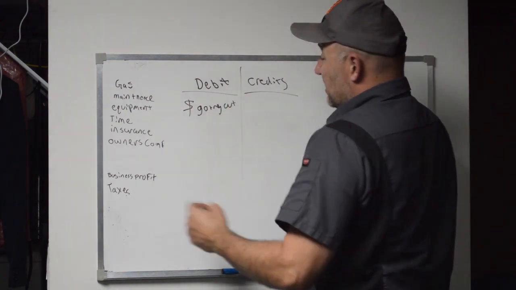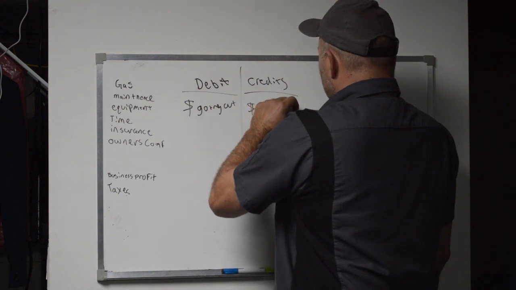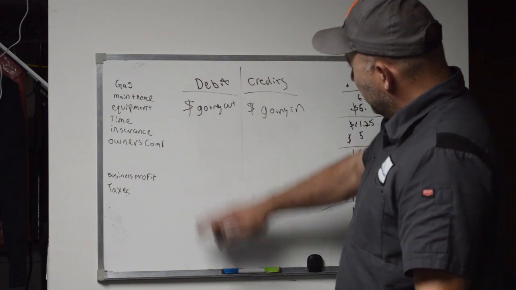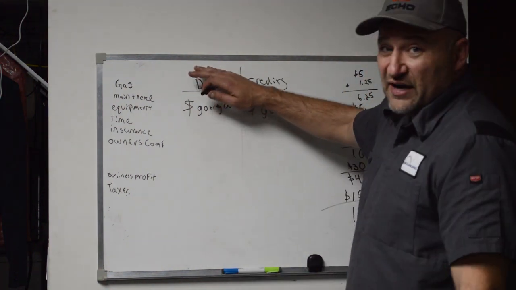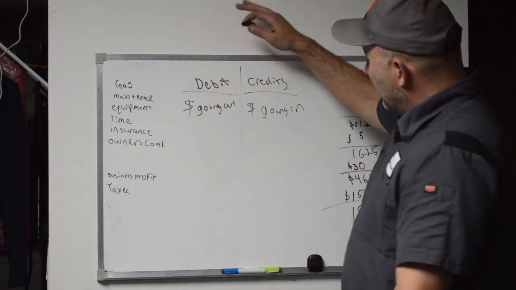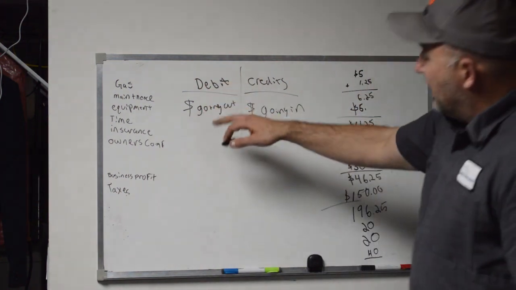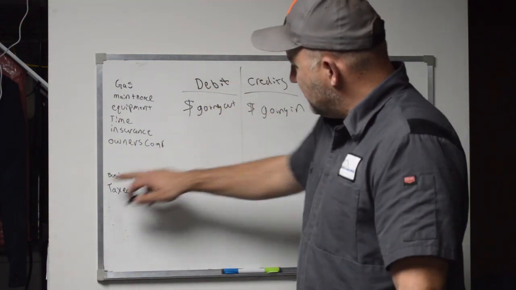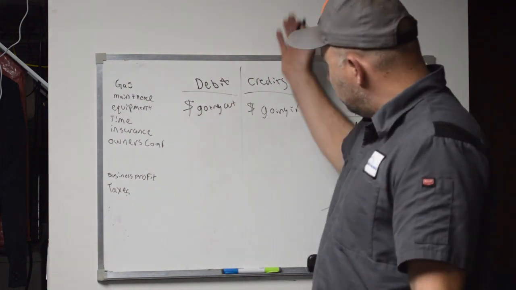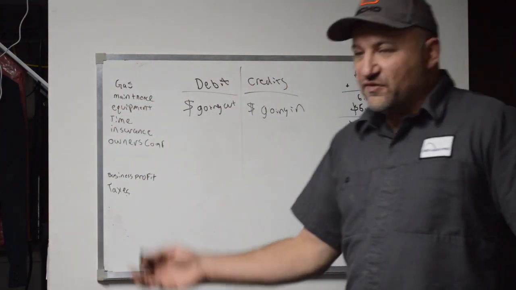And with credits, it's money going in. And all you've got to do is look at your accounting sheet, look at money going out, and then figure out the average number based on how many services you did, and that number will pop right up for you and populate. Then all you need to do is add your 10% business owner's comp, your business profit, and your taxes, and you're done. Basically, knowing how much you should charge per service on average.